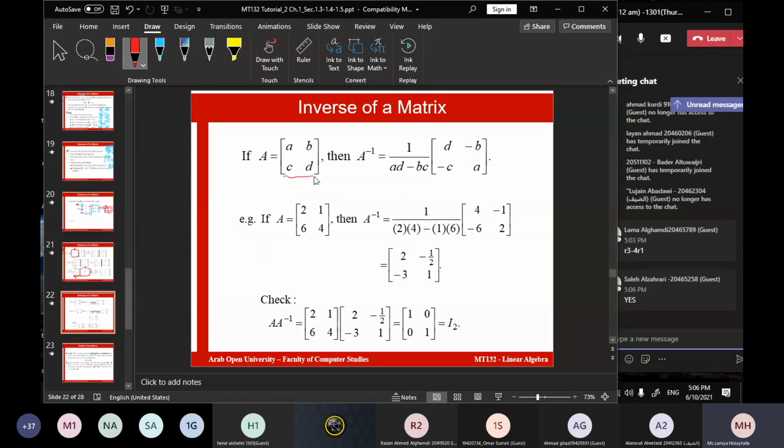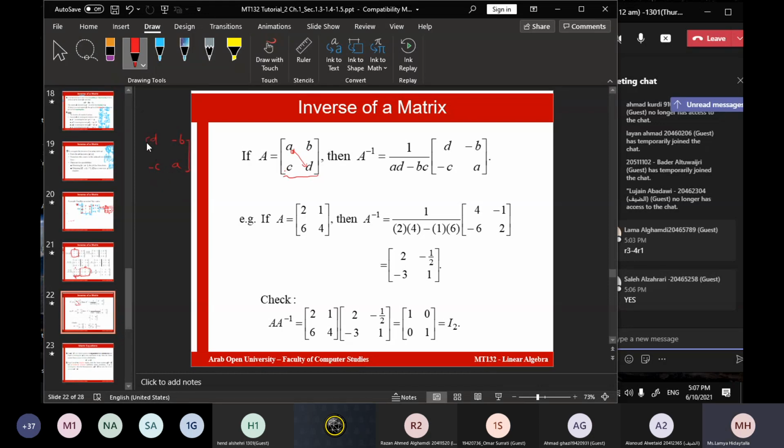How can we find the inverse of this kind of matrix? What's the rule? Flip these two, so put each one in the place of the other. So here it will be D and then this is A. Leave the B and C in their place, but multiply by a minus sign. So minus B and minus C.